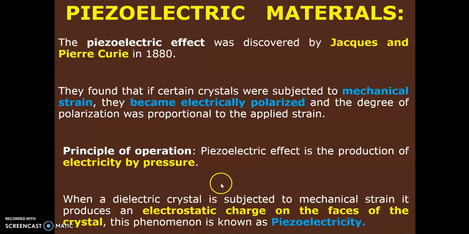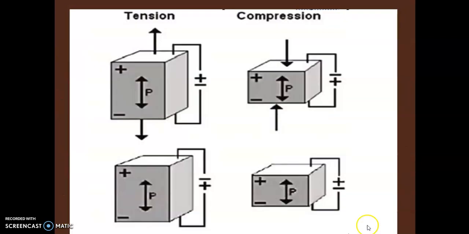Faces means, I will show you. If you consider a cube, how many faces does a cube have? On the faces you will see electricity, an electrostatic charge. So this is a face, this is a face. Consider this is a piezoelectric material. Now this arrow shows that you are applying mechanical strain. Tension is applied in this direction and this direction.